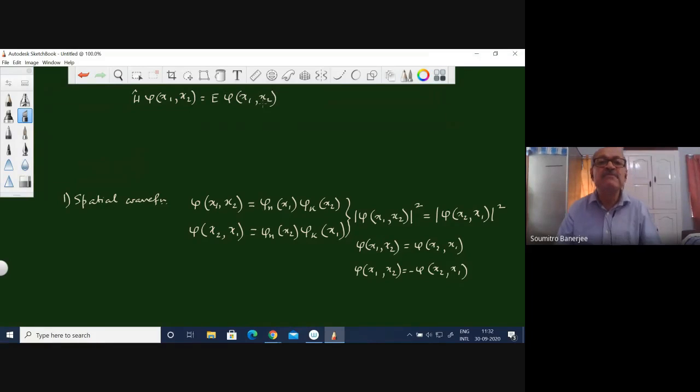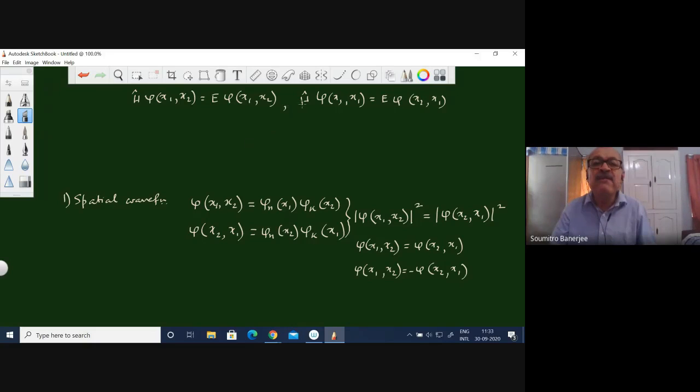Last class we have seen that. And this is also true for the opposite one. That means the Hamiltonian operator operating on psi(x2, x1) is the same, E psi(x2, x1).